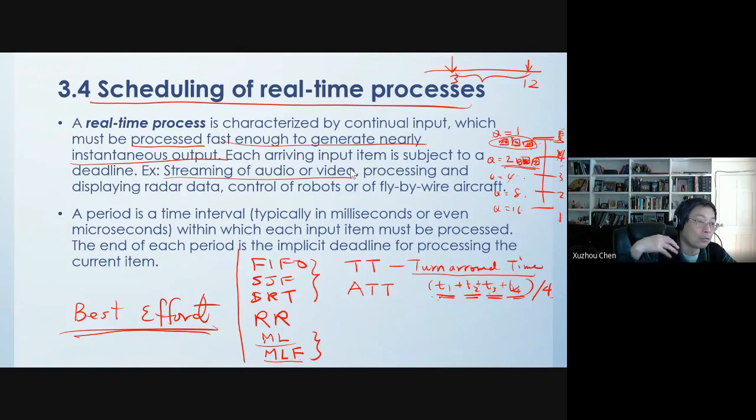I don't need you to listen to my voice within 1 second. You can listen to my voice after an hour or 2 hours. So that's not a real-time process. A real-time process has a very strict time limit.